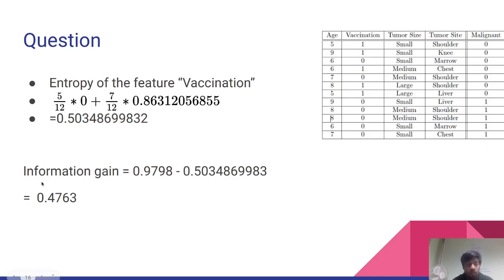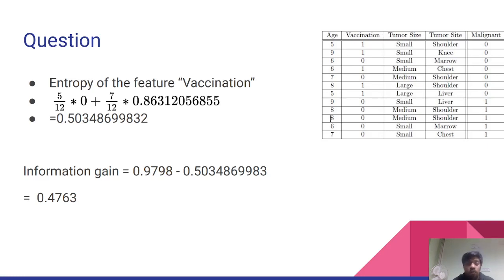The entropy is much lower than earlier, so that is the entropy we are able to reduce. This is what we call information gain, how much the vaccination column is contributing to the variable. Okay, sir.